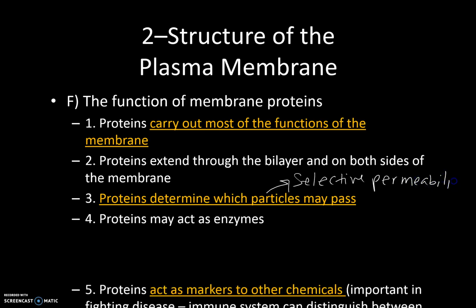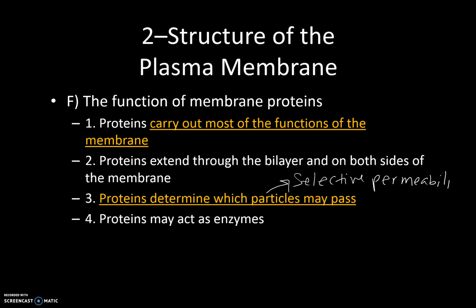Remember, the more places you see this information, the more it's going to stick in your brain. So by determining which particles may pass, it is actually the proteins themselves that are in charge of selective permeability.